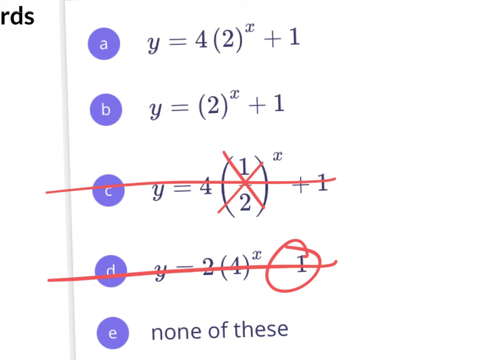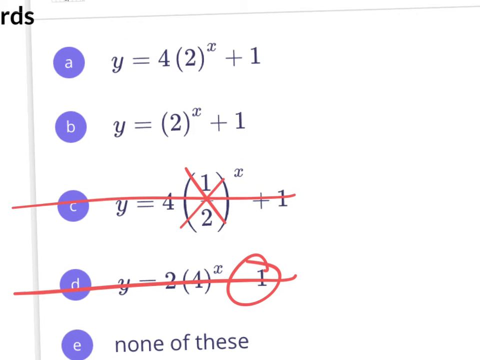So on the instruction itself, it says tip, find the y-intercept, right? Let's find the y-intercepts of both of these. How do you find the y-intercept? You set x equal to 0 and solve. So on this first one, you'll have 2 to the 0 plus 1. And we know that 2 to the 0 is really 1.